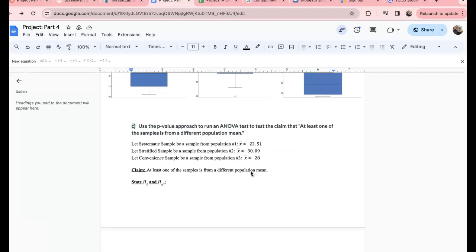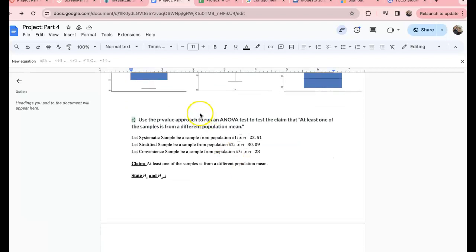And then for C, it's asking us to use a p-value approach and run an ANOVA test to test the claim that at least one of the samples is from a different population mean. So we went ahead and ran that, and that showed us on StatCrunch.